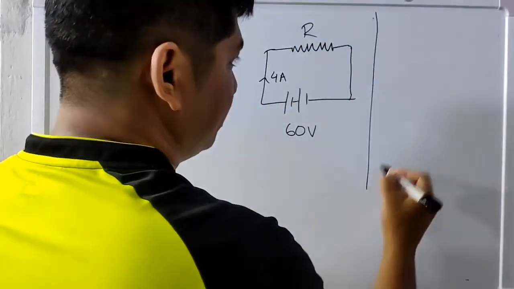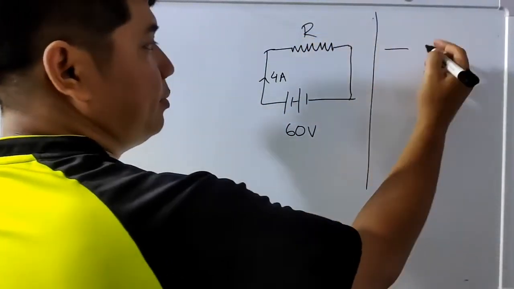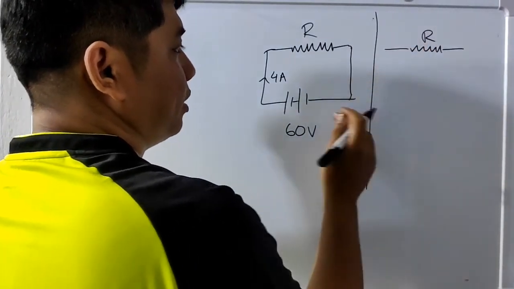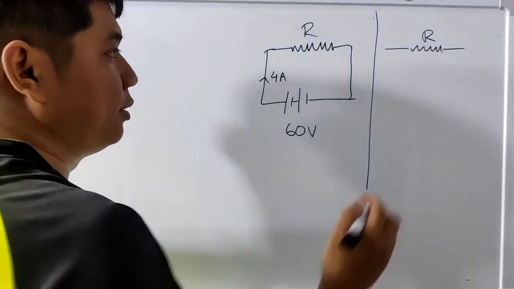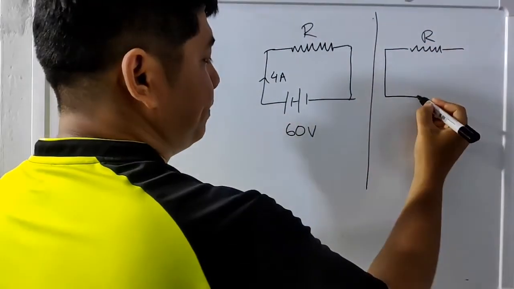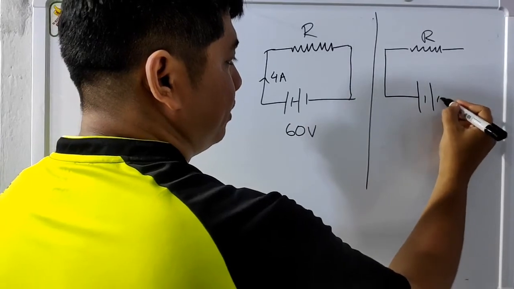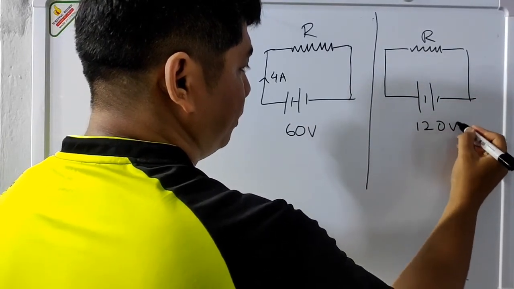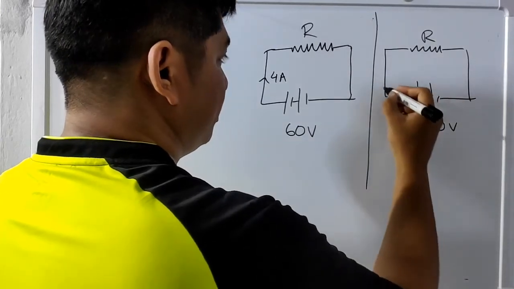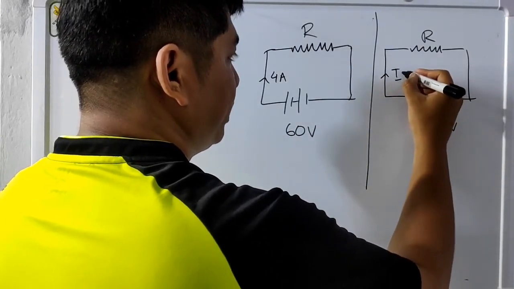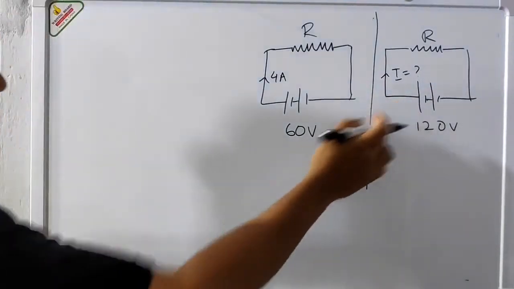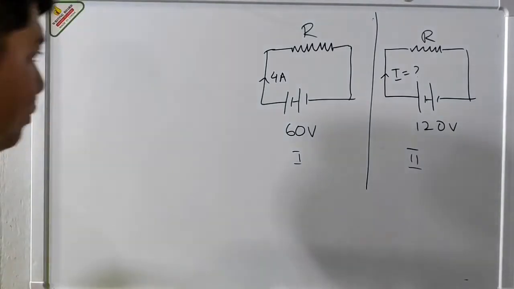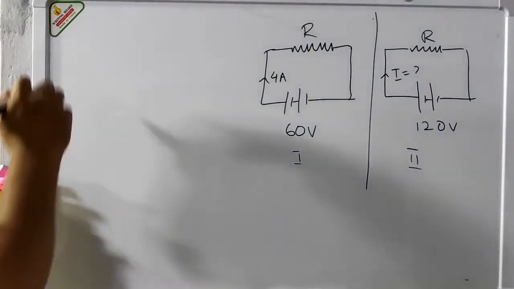So if we connect the same heater of resistance R, the resistance is not changed when we connect to another battery. Here the source is 120 volt. We are going to calculate the value of I in this case. Let this one be case 1 and this one be case 2. Question number 6.